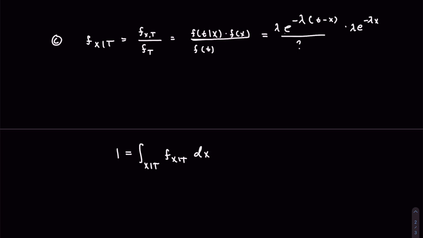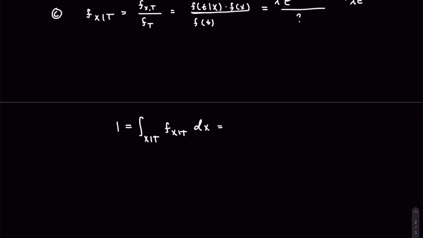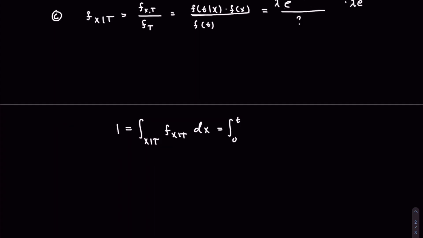And this is the same thing as going from, and we know that x has to go from 0 to t. That's what we reasoned about in the earlier parts of this question.